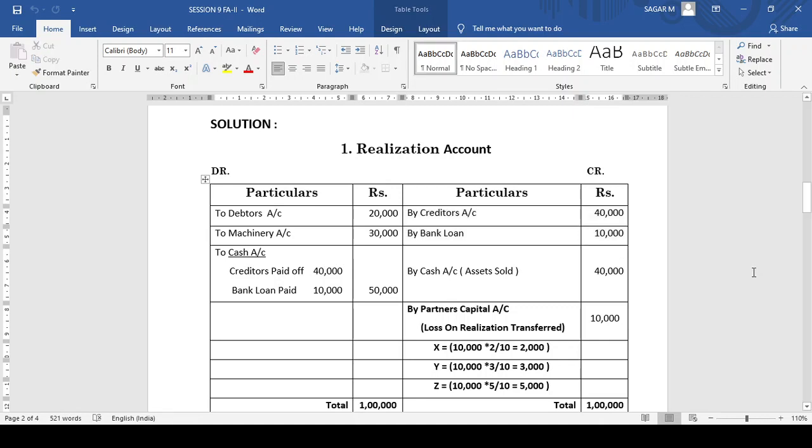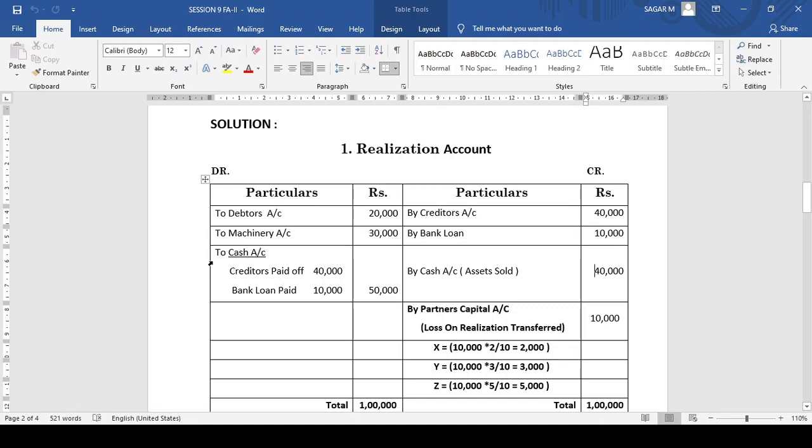After transferring these assets and liabilities, the next entry should be passed on the credit side for the assets sold. They have given in the adjustment the assets realized, rupees 40,000. So on the credit side, by cash account 40,000, and as usual we need to make payment to outsiders.